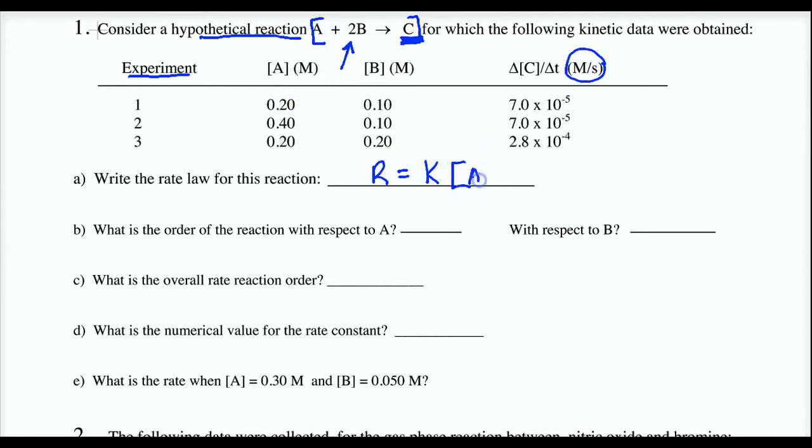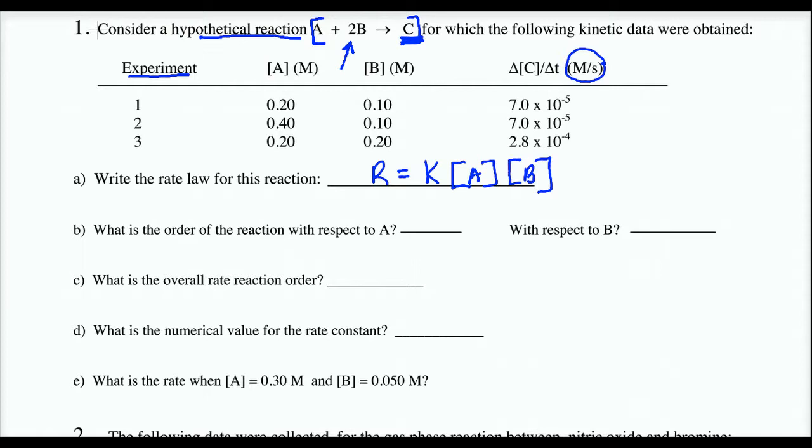Here's A times B. Now you may say, Mr. Grodsky, why don't you just put, because this is a coefficient of 2 here, why don't you just put a 2 here, and this is a 1 in front, 1 here. And the reasoning I can't do that is because I cannot assume it's a 1-step process. I don't know. It's the experiment that's going to tell me what numbers go here. Then I'll see if this is 1 step. If you don't quite get that, we'll get to it.